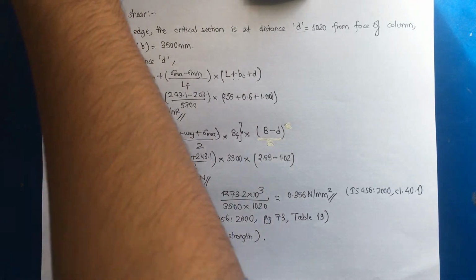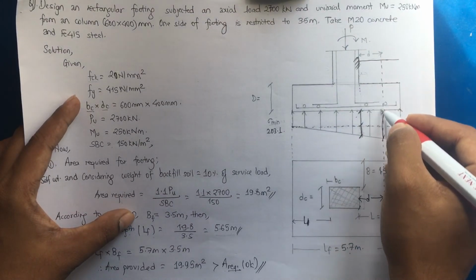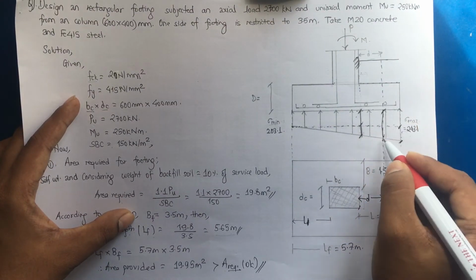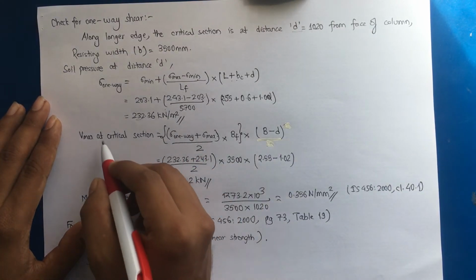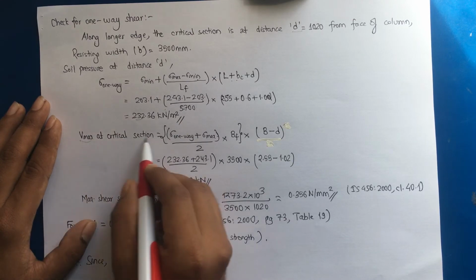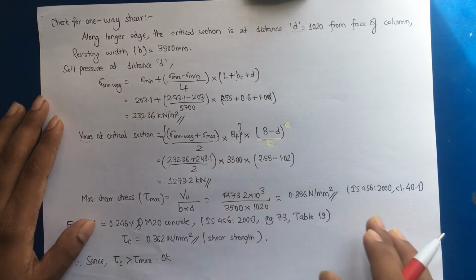Okay, so the swell pressure at a distance D is nothing but 232.36 kilonewton per meter square, and we have to find the shear force at the critical distance.